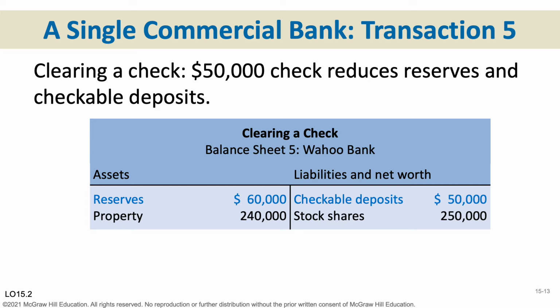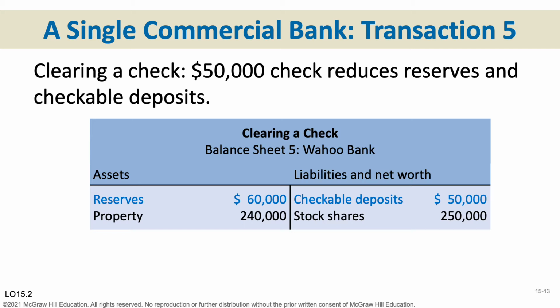When Clem wrote a check to the tractor company, the tractor company banked at a different bank. If you read your textbook, it's called the surprise bank. So the tractor company puts that check in their checking account, so checkable deposits at surprise bank go up by $50,000.